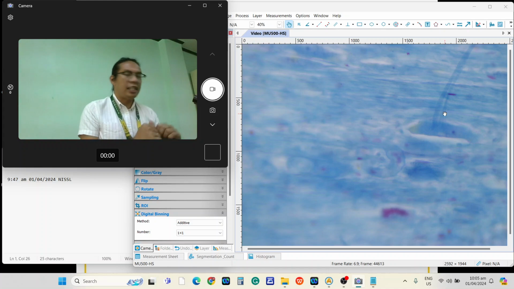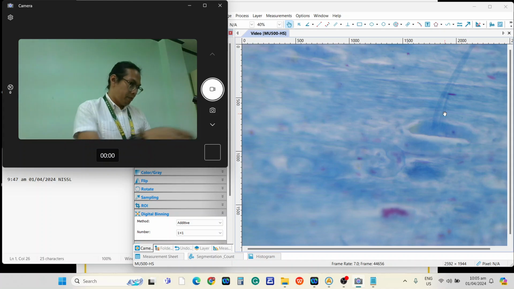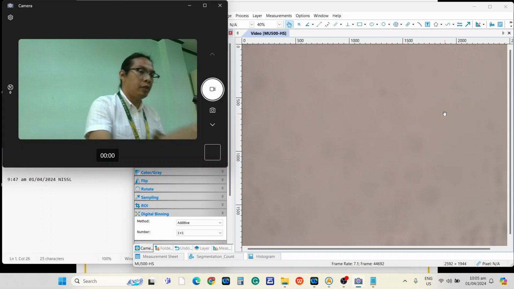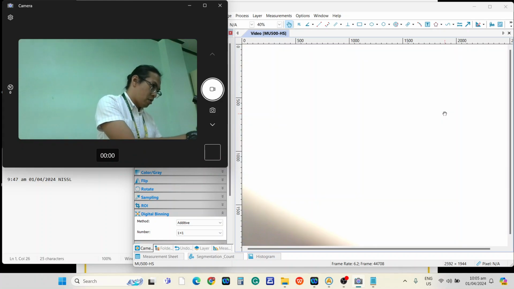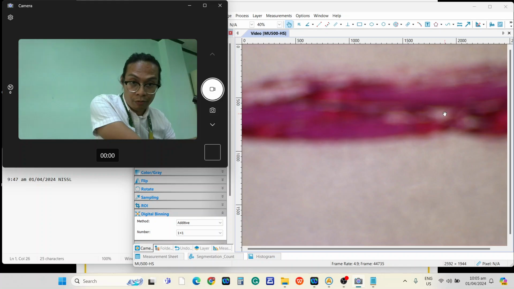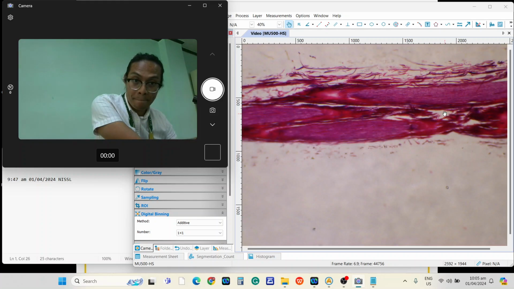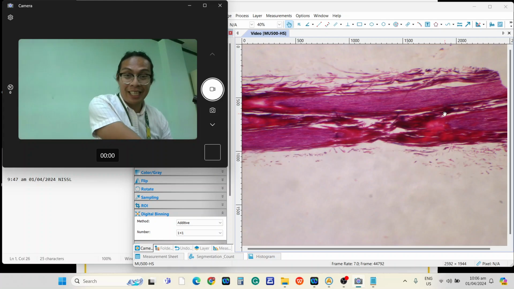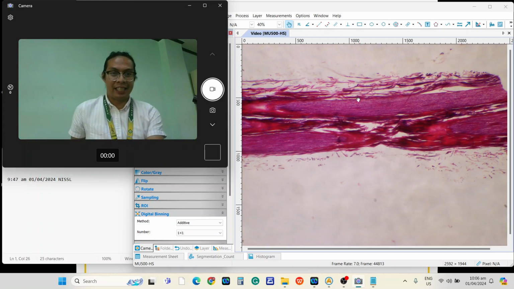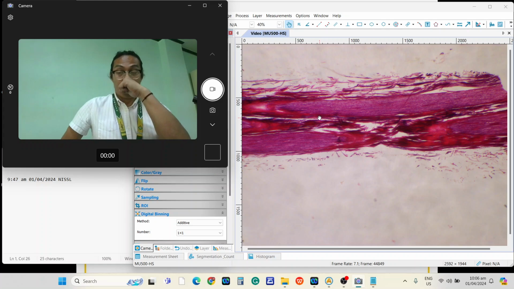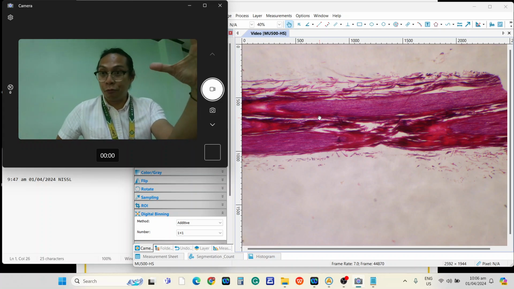Now, tingnan natin ang isang nerve fiber itself. Now, this is a longitudinal section of a nerve fiber. Okay? Diba? Mukha talaga siyang fiber. Yung nakikita natin na nandiyan sa labas, fibrous material, that is the connective tissue covering the nerve fiber.